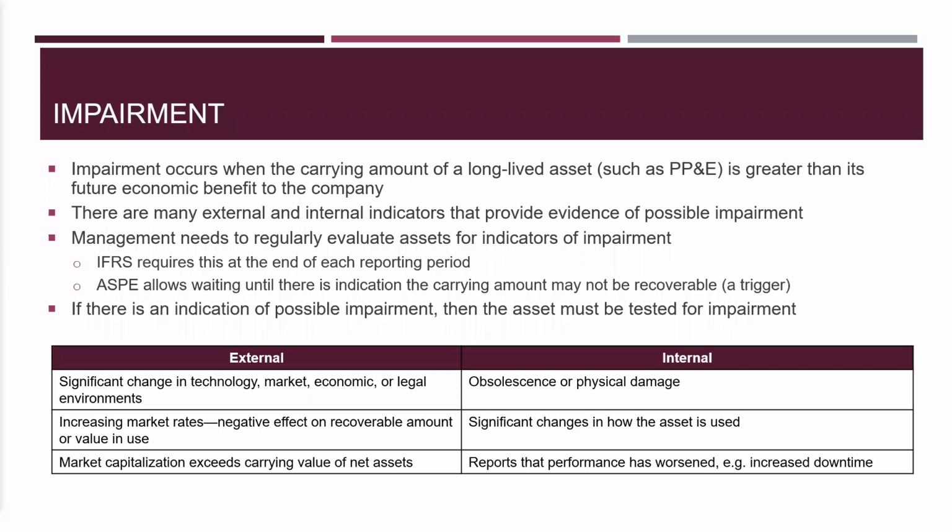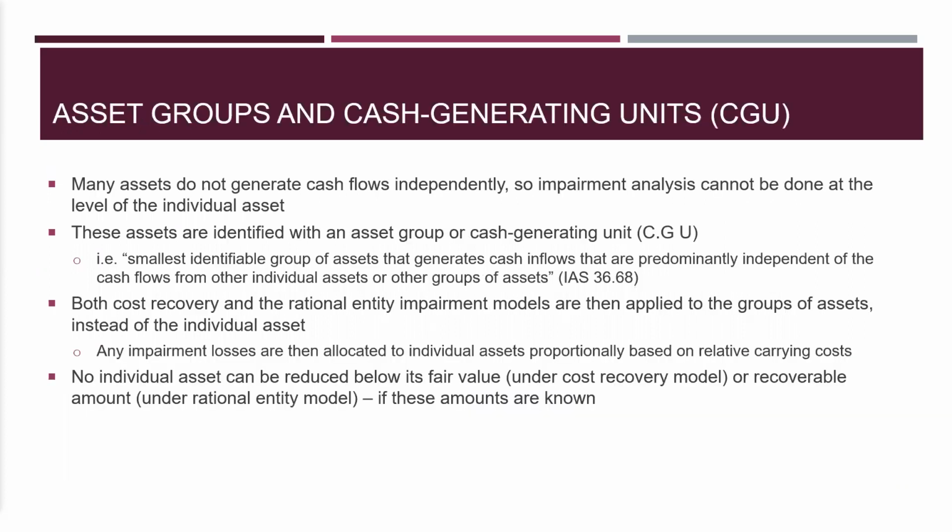Once the business recognizes, based on the external or the internal indicators, that there is impairment, then we get to account for the impairment. But we always have to check for the indicators first. Sometimes the assets do not have the ability to generate cash flow independently. In that case, we are not able to apply the impairment to these assets on an individual basis.